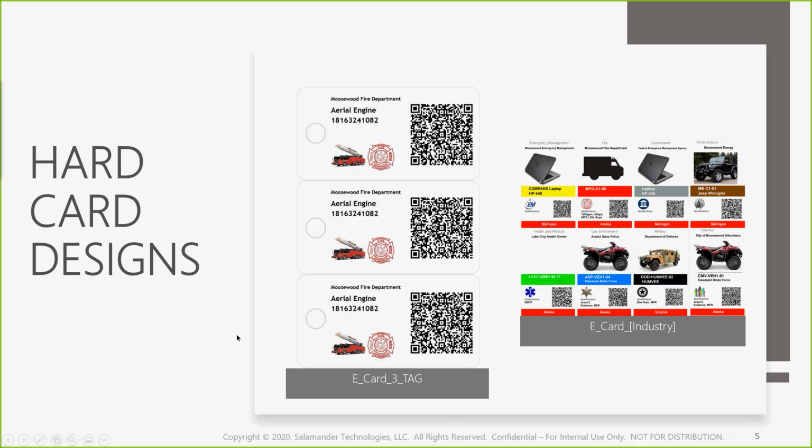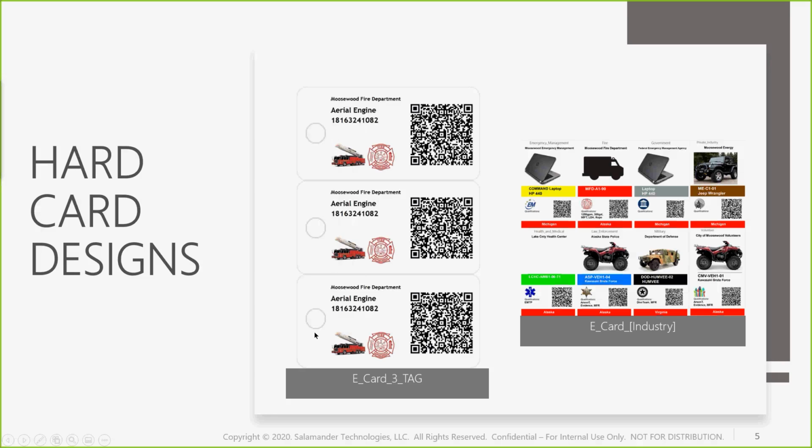So with the eCard 3 tag design, this again also uses the CR80 size cards, except these ones are different. These use the 3-up tag. So these 3-up tags are different because they can be broken into 3 2x1 tags. And each one of those tags have a pre-punched hole in them already.